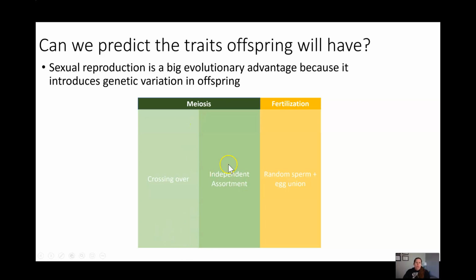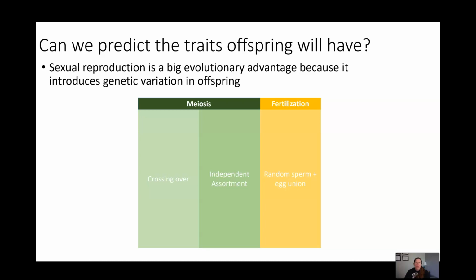The first two happen in meiosis. Crossing over happens in prophase 1, right? When tetrad formation occurs, we have crossing over between the homologous chromosomes. And when the tetrads line up in metaphase 1, we can have independent assortment, which basically means that when those tetrads line up, they're doing so independently of one another.